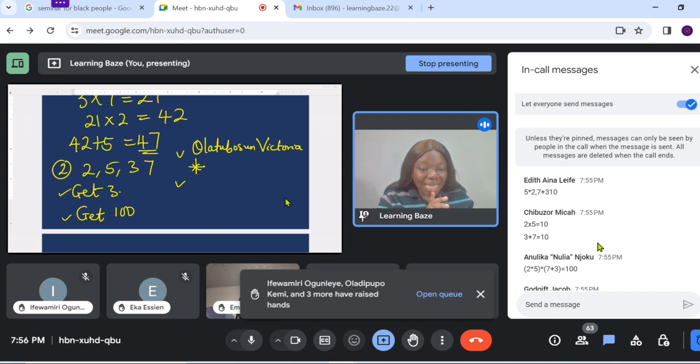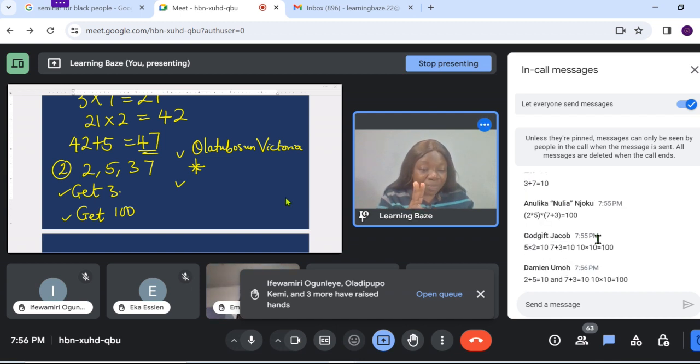Okay, so while others are thinking, let me announce 2 people. The first person who got the answer right is the child with Anulika Nulia Njoku. What is your section? And the second person is God Gift from Sweden.